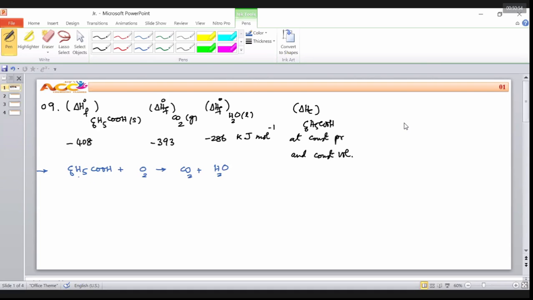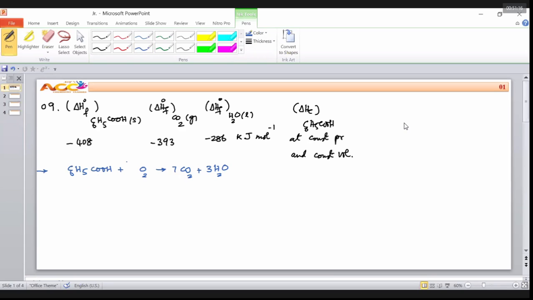Water. 6 carbons available. 5 plus 1, 6 hydrogens available. I have made a mistake. How many carbons? 7 carbons. 6 plus 1, 7. 6 hydrogens. 14 plus 3. Here in this case we have 17 oxygens.